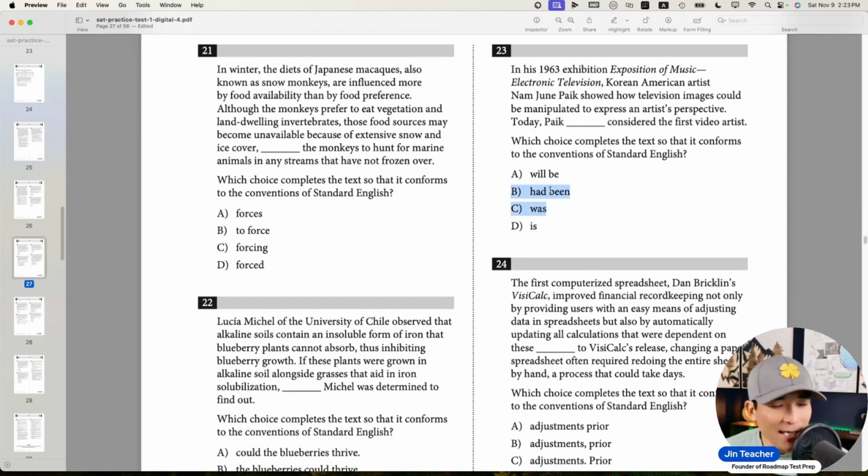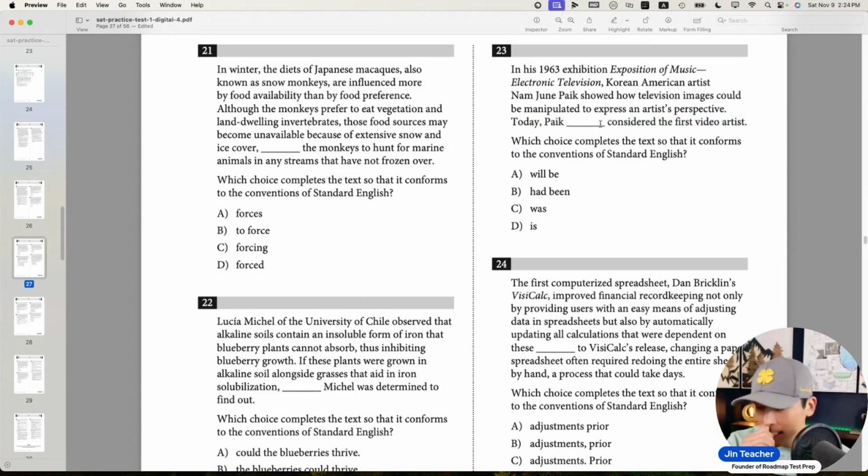So I know that B and C are going to be wrong here because I noticed the word today in the sentence. Next, you just have to think logically, right? Based off of the meaning of the passage, what makes more sense? When you say today, Paik will be considered the first video artist, it doesn't make any sense. Logically, your brain goes, what?